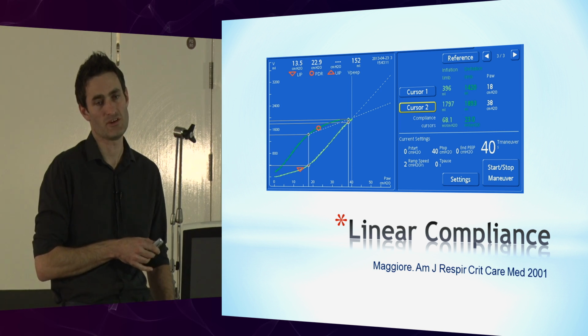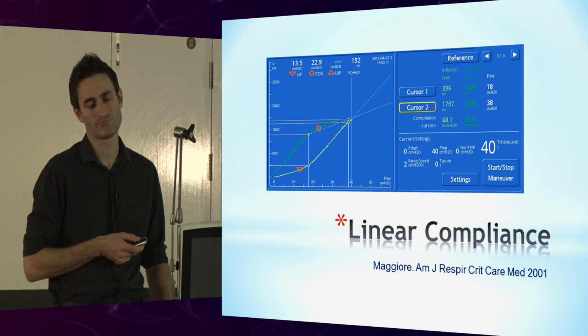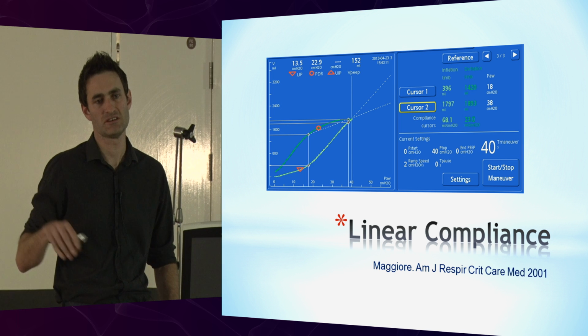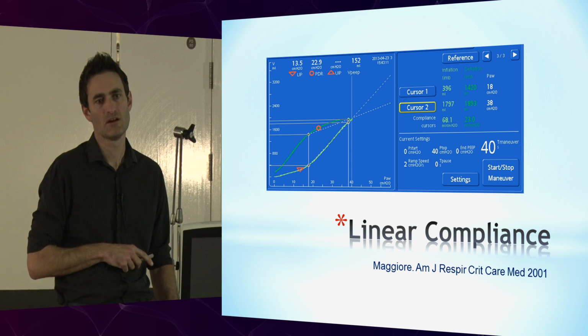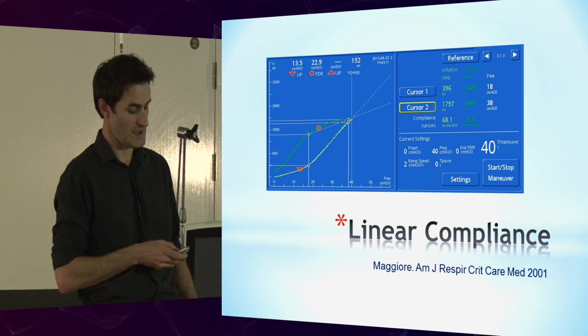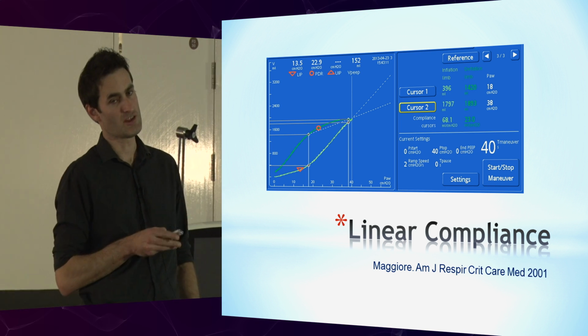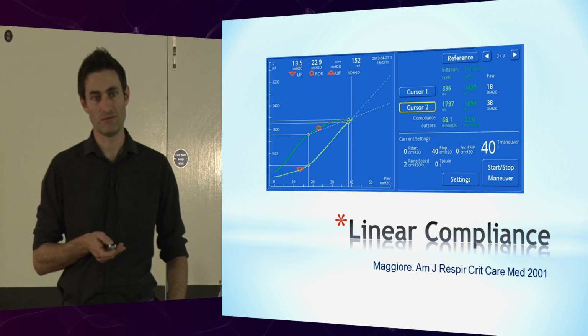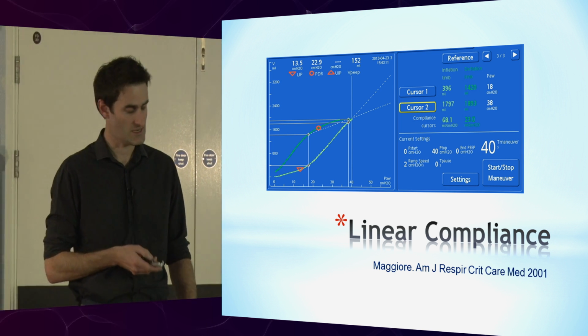But what you can do is set your PEEP very high and gradually reduce it, and there's ways of looking at what is the best PEEP for that patient, but I don't really want to go into too much detail at this point. But going back to what we said right at the beginning, what's becoming clear is we probably underutilise PEEP. We probably don't use it enough in this setting.